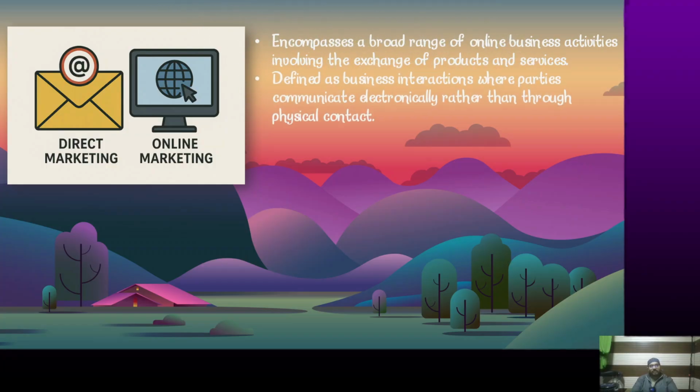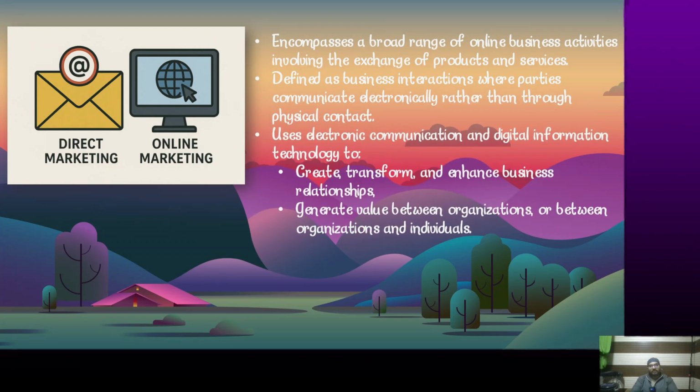So how do you define online marketing? It is a business interaction where parties communicate electronically rather than through physical contact. So rather than receiving those coupons in mail, you will receive coupons through your emails. So you create, transform and enhance business relationships. You can reach a much larger base of audience, because if you are sending the coupon through mail, you cannot send to a lot of people, you can only target a specific pin code.